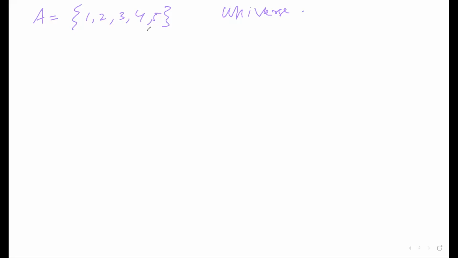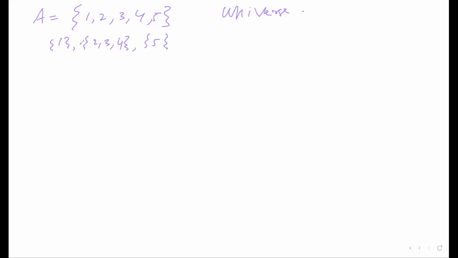So to find the number of equivalence relations on A, all we need to do is find the number of partitions of A. How many ways can the set A be partitioned? Namely, here is one partition. Is that a partition?